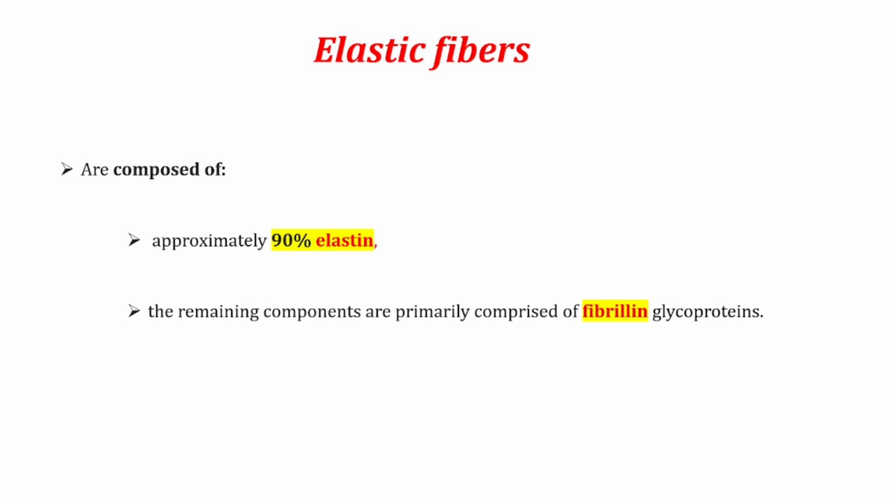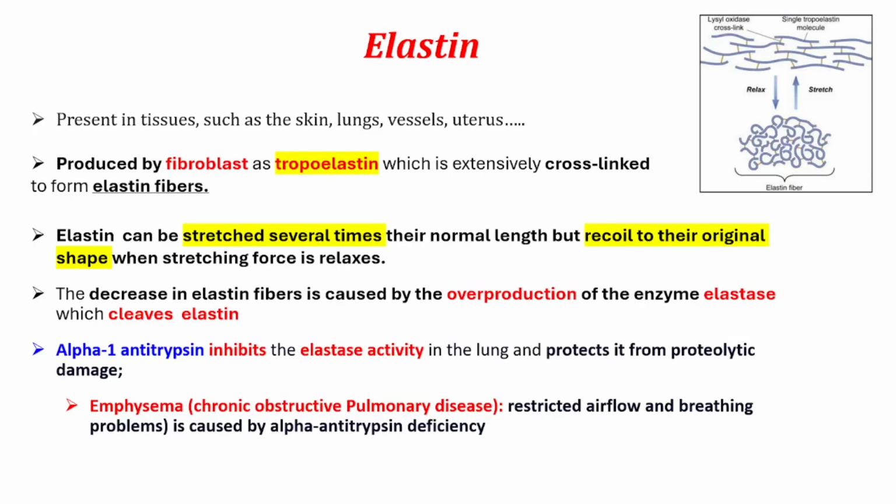The last one is elastic fiber. Elastic fiber, which is the second component of the connective tissue, is composed 90% of elastin, and the rest is called fibrillin. So these are the two components of the elastic fibers. And you have to know that the elastin is responsible for the elasticity of our tissue, right? So any tissue which needs to be stretched needs to have elastin.